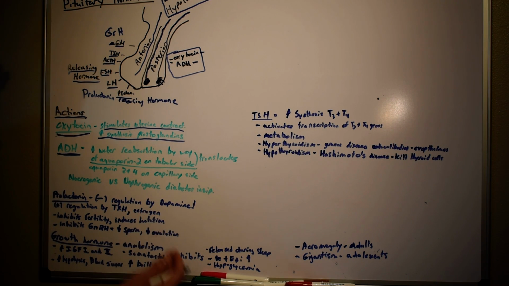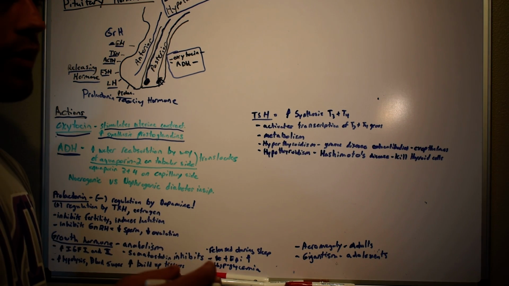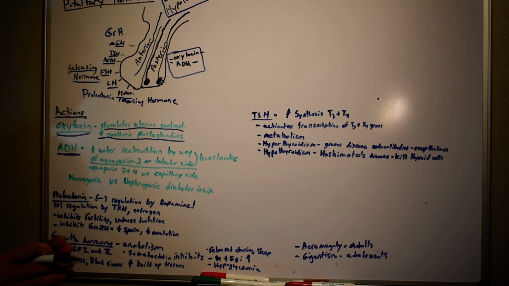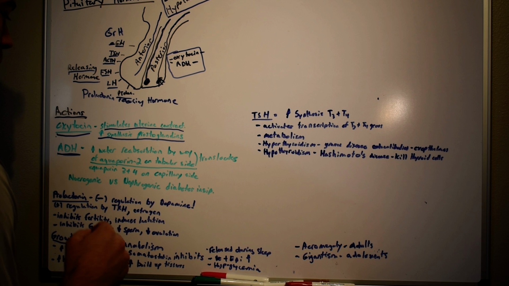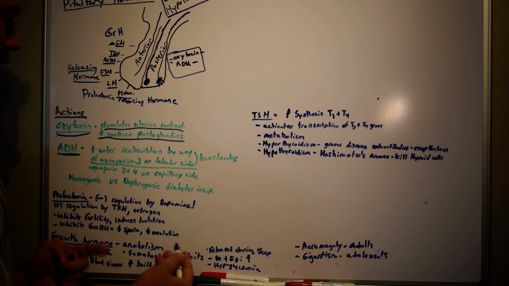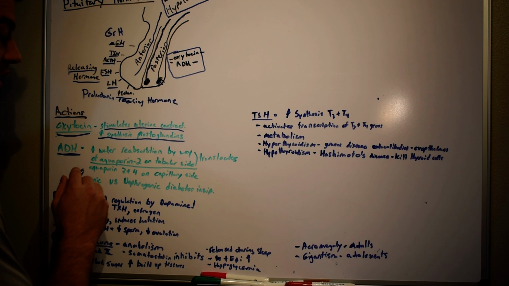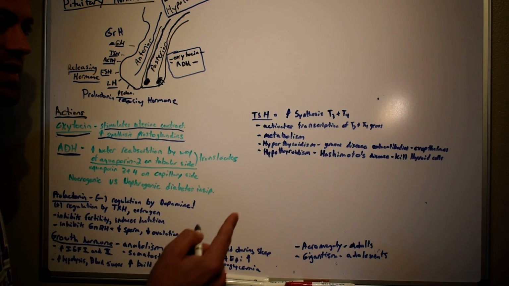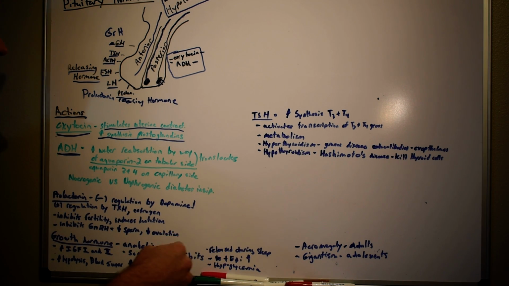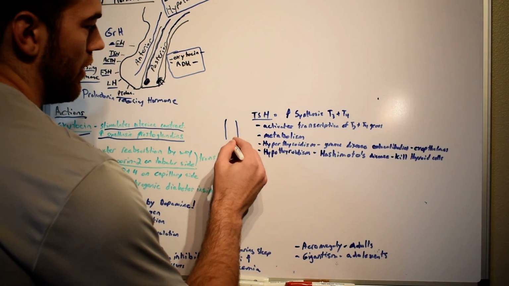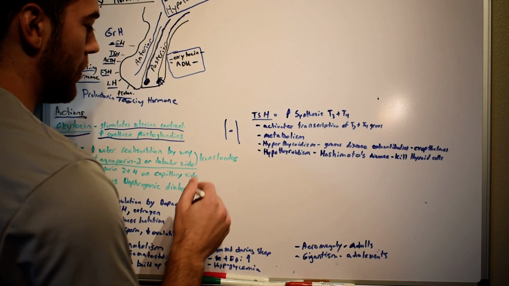And it does this in a specific way. We always have to remember what part of the nephron it works on. It works on the collecting duct, and in the collecting duct, we know that it works on aquaporins from that other lecture, but he goes into a little more detail here and says that it's going to specifically act on aquaporin 2, which is in our tubular cells, hanging out in the cytoplasm.